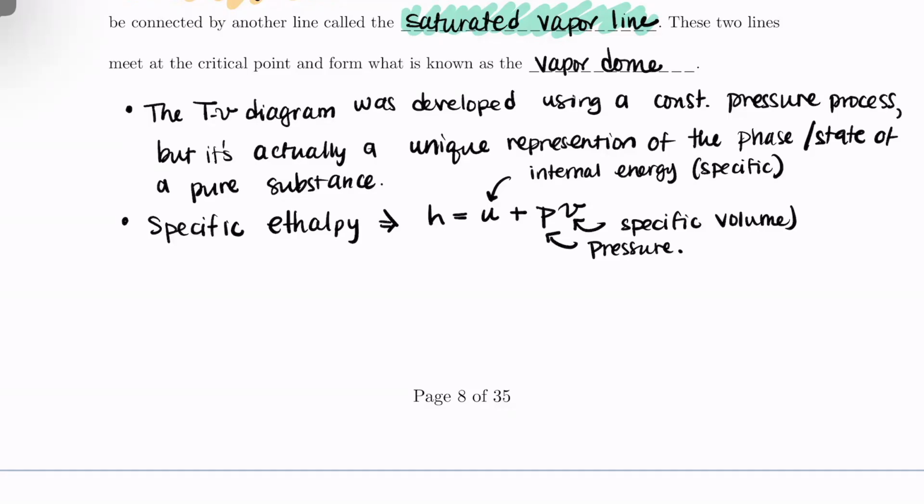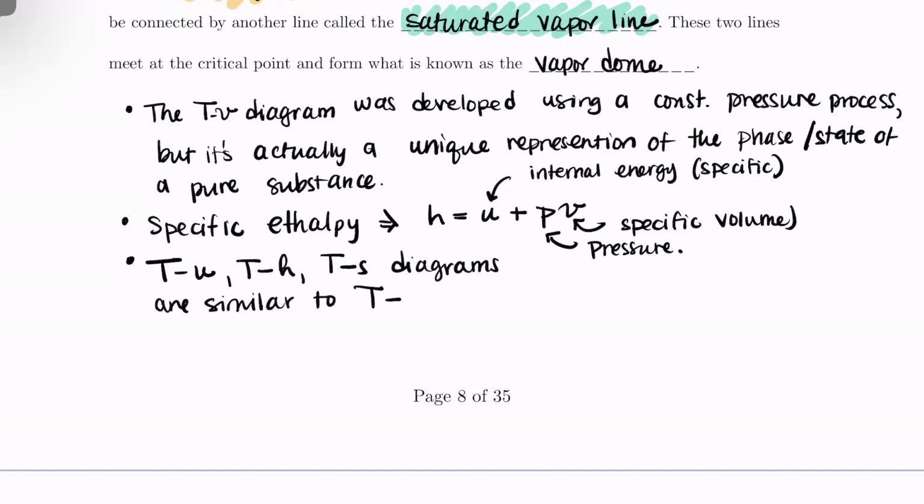All right. So we can make a bunch of other similar diagrams to the TV diagram using the other properties that we care about for pure substances. So we can also make a TU diagram, a TH diagram, or a TS diagram. And these are similar to TV diagrams.